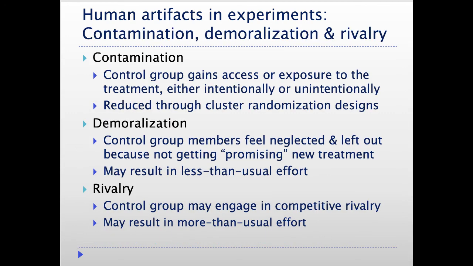Other human artifacts that are important are things like contamination, demoralization, rivalry. Contamination, we talked about in the last video as leakage, where the control group gains access or exposure to the treatment intentionally or unintentionally. And as we said, you can reduce that through cluster randomization design. Another thing is demoralization.